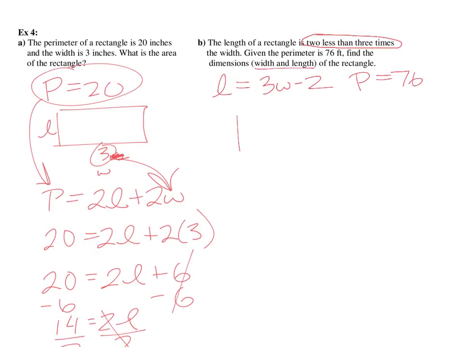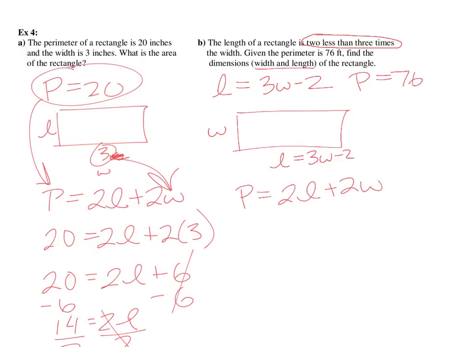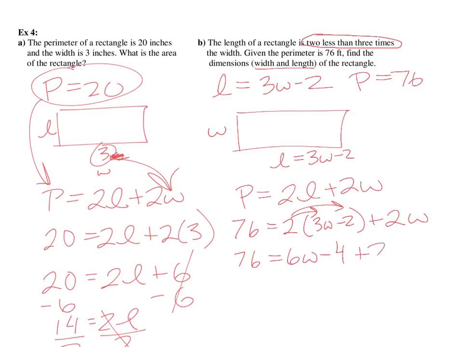Okay, so here I have a rectangle, the length, the width. This is 3w minus 2. Perimeter is equal to 2l plus 2w. So just plug in all the information we have. 76 is equal to 2 times L, which is 3W minus 2. And then I have plus 2W. So I'm going to distribute here. And I end up with 76 equals 6W minus 4 plus 2W.